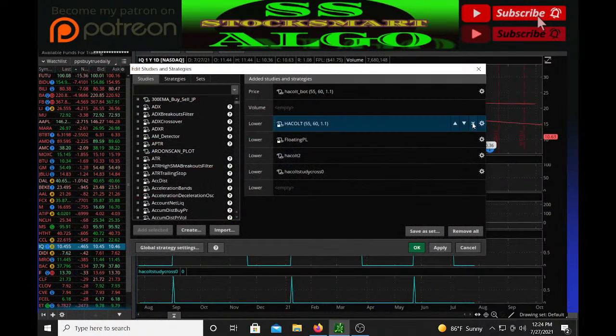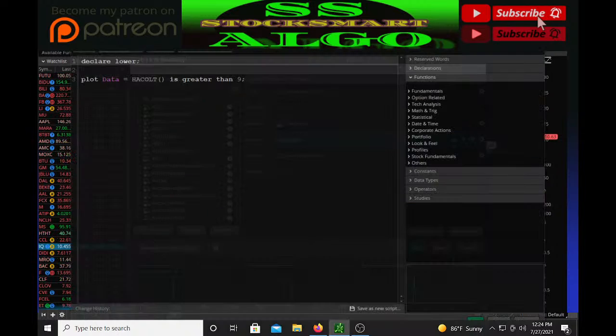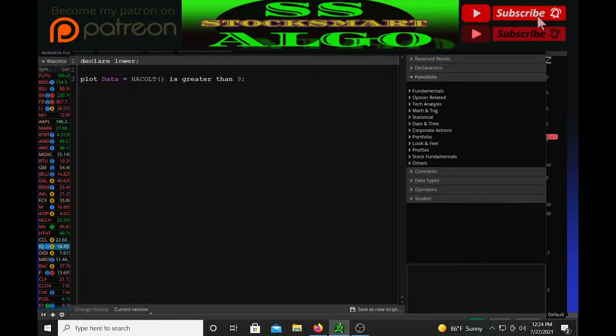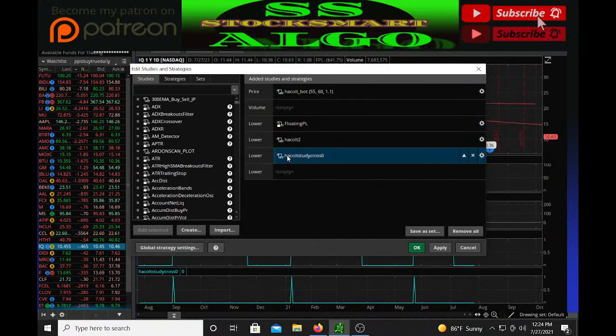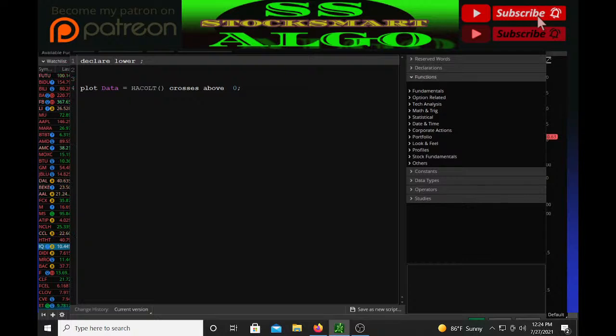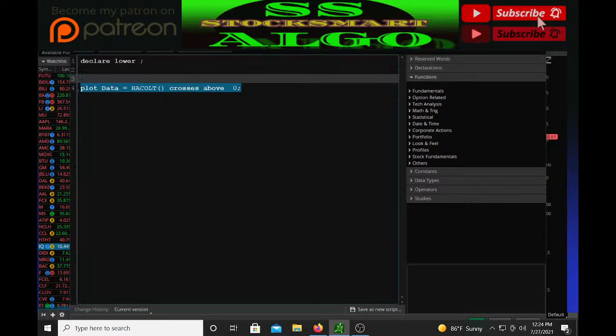Let's get rid of this HA Colt here. And we'll keep these two. Okay, now this is HA Colt is greater than 9. All right, now I don't know why it catches greater than 9, but it did. And this is HA Colt crosses above. So those are your two differences in your HA Colt: greater than and crossing above signals.